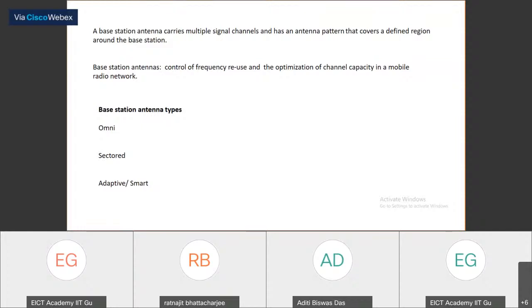Hexagon is used for designing the system so that you have a tessellating structure and you do not have any void left in between. If you use circles, there will be voids left in between. And this is a very standard geometry used in the design of wireless communication systems, cellular systems. So hexagonal geometry has become very, very common.